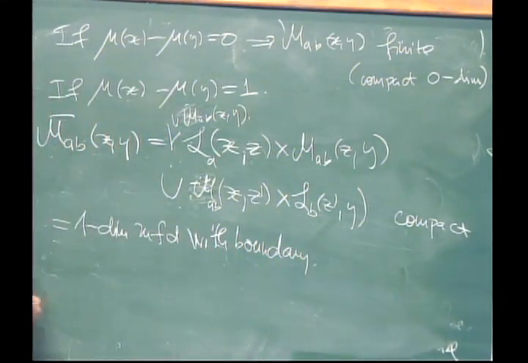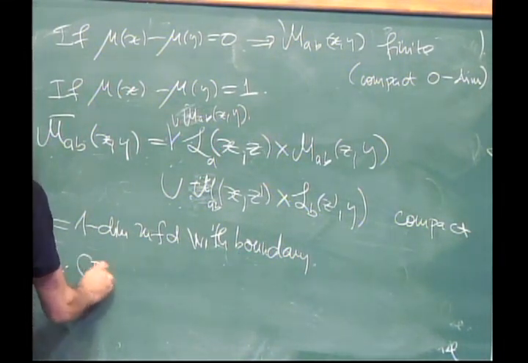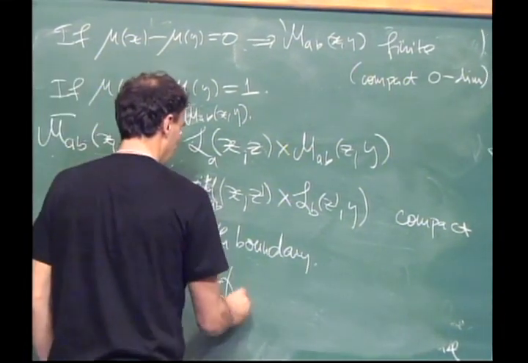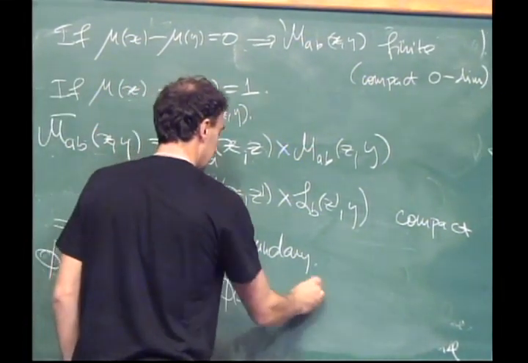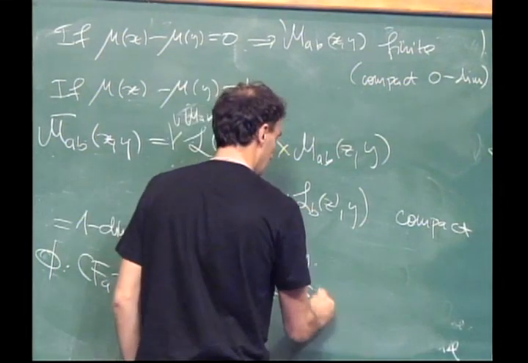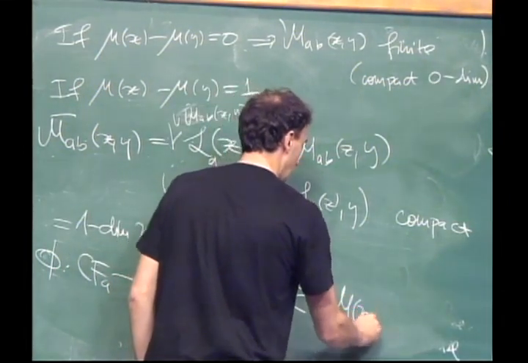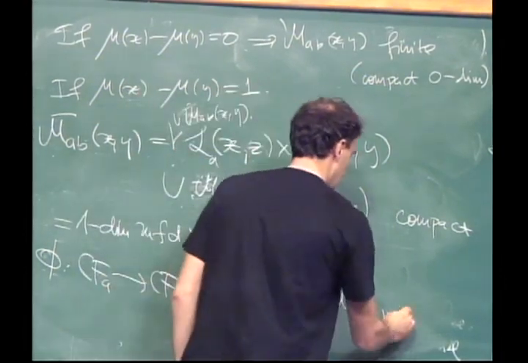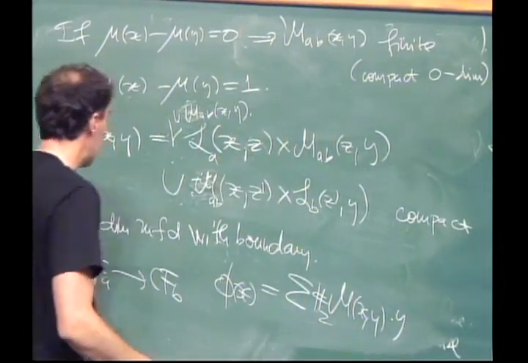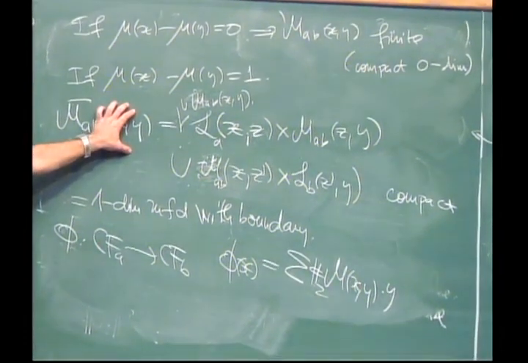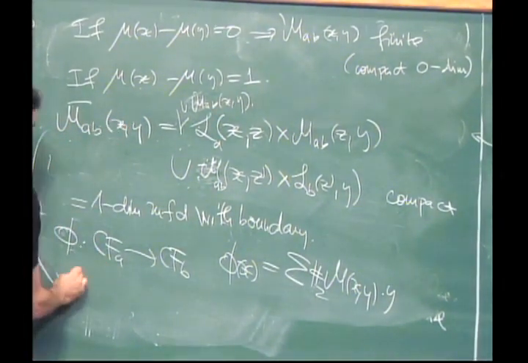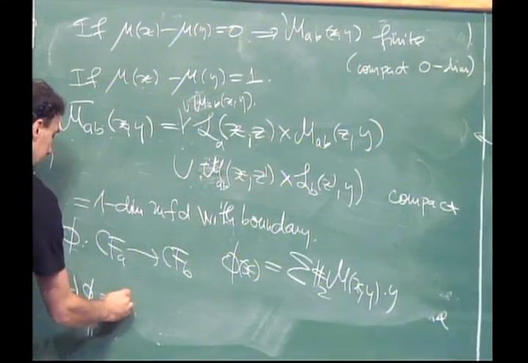And this enables one to define this continuation morphism between the complexes: phi of x is the sum of M(x,y) y, and this property tells you exactly that this is the morphism of complexes.